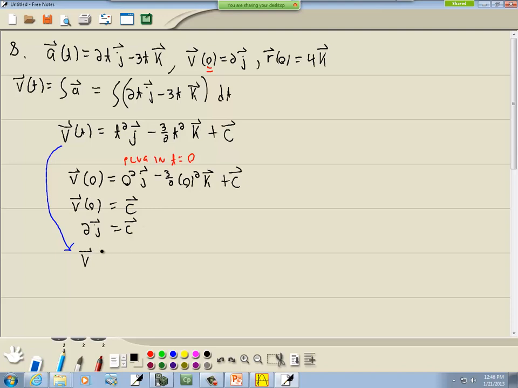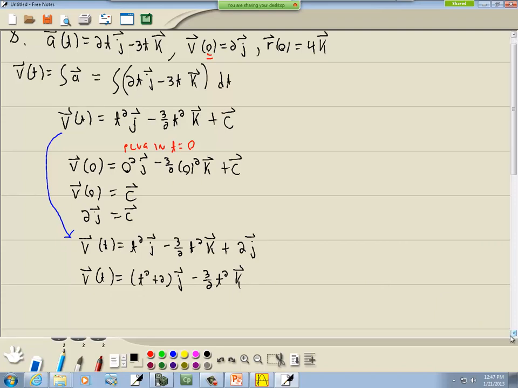So we've got v of t is equal to t squared j minus 3/2 t squared k plus 2j. That's our constant vector. Now I'm going to merge it with my other j portion. So my velocity vector is going to equal t squared plus 2 j minus 3/2 t squared k.